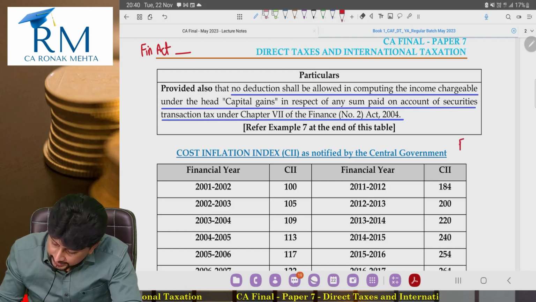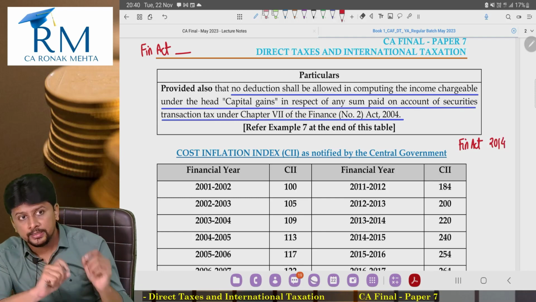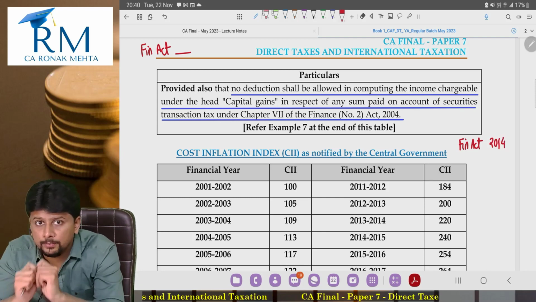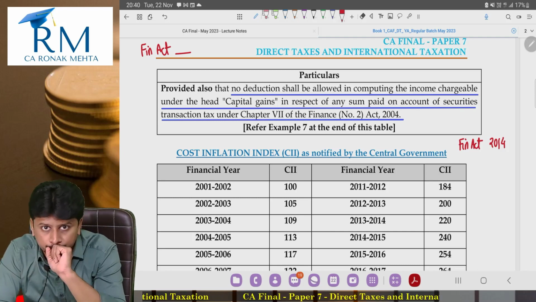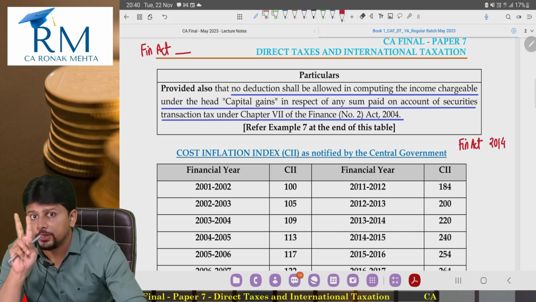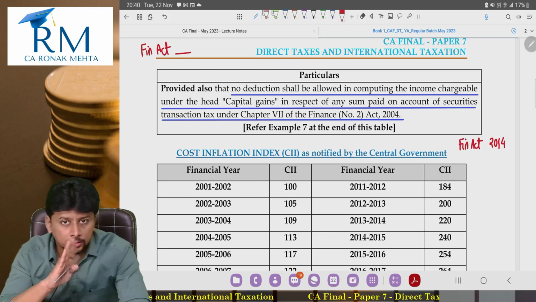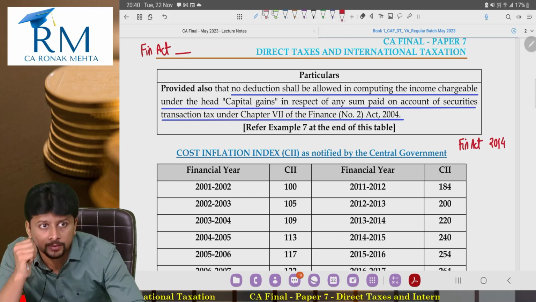Then Finance Act 2014. 2014 election happened. That is when Mr. Narendra Modi became the Prime Minister for the first time. So if you will observe this, in 2004 there were two budgets. One was prior to the election. The ruling party before the election comes out with a budget.